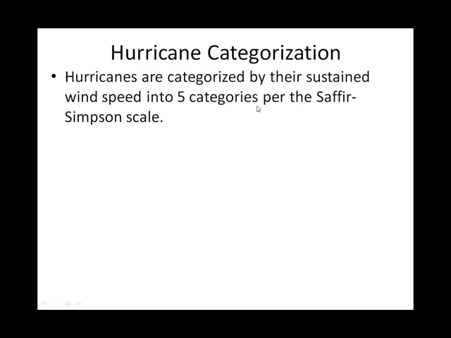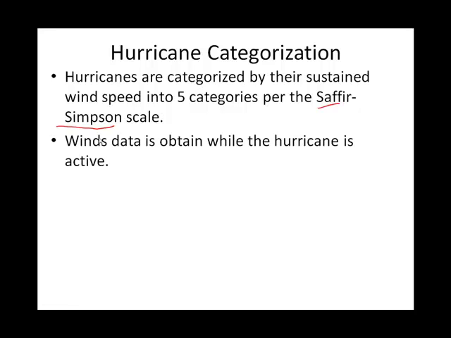All right. So how do we categorize those things? Well, I mentioned that they are categorized Cat 1 through Cat 5. And the scale we use, remember we use the enhanced Fujita scale for tornadoes. We use the Saffir-Simpson scale for hurricanes, for tropical cyclones.